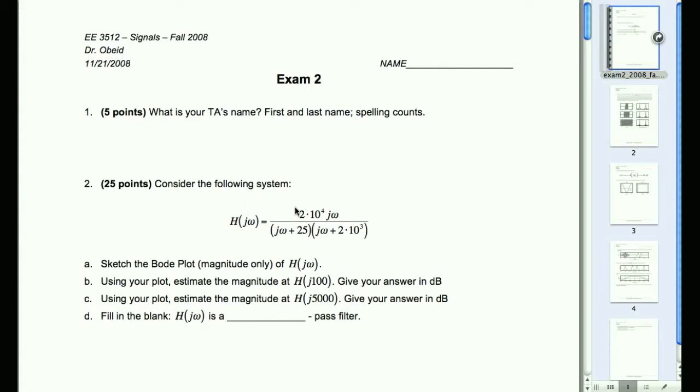If you have some random transfer function, how do you find if it's a low pass or a high pass? You just look at what happens as omega goes to infinity and as it goes to 0, and determine what passes and what doesn't from that.